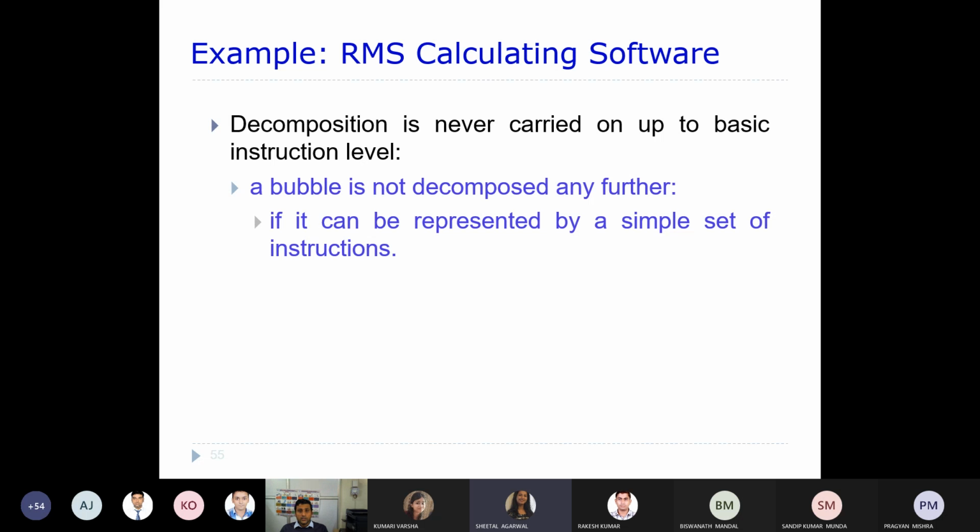Right, so decomposition is never carried on up to the basic instruction level. That means you will be going up to a level where something can be represented by a simple set of instructions.